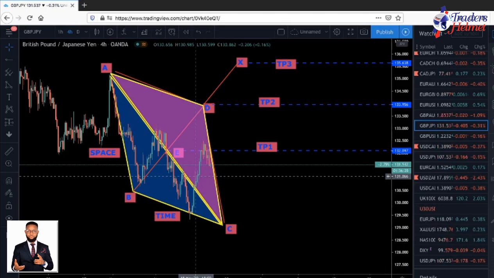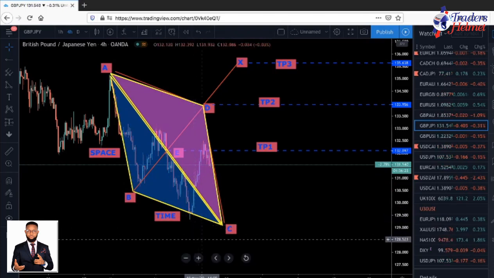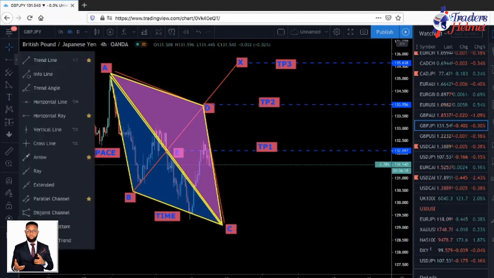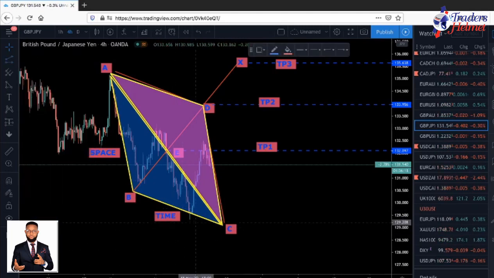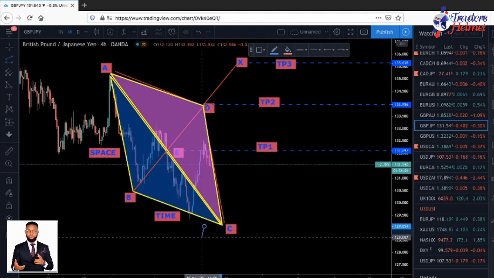Your stop loss is below the lowest point of B to C. So if you are taking this trade, guys, let me show you where your stop loss will be. If you are taking this trade, this is where your stop loss is going to be, below point B to C. So here, let me do it this way.